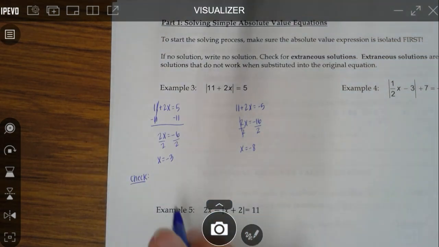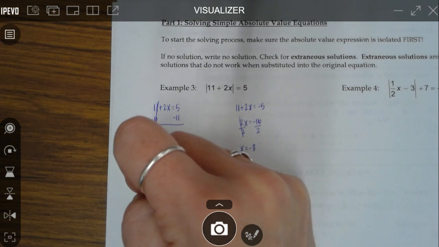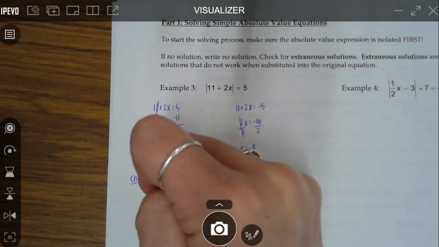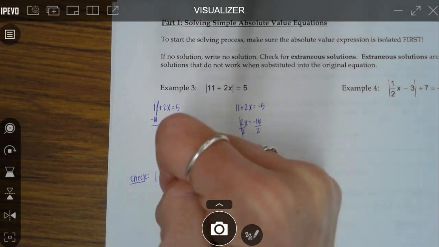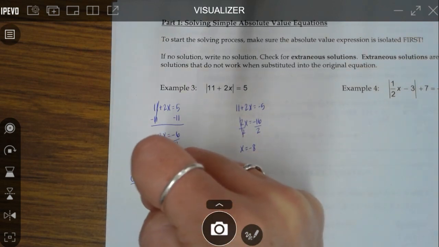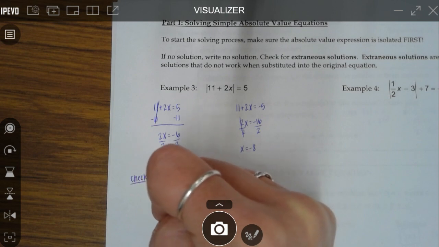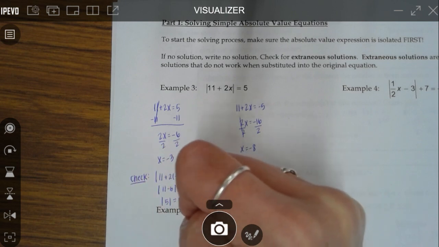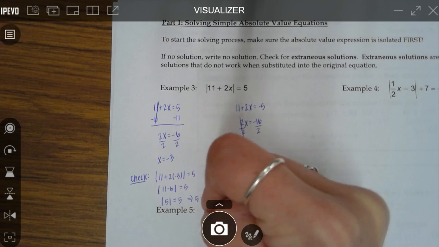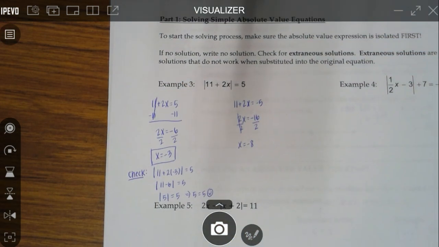So my check is going to be to take this x value and go back up to my original equation and plug that in. 11 plus 2 times -3 is equal to 5. That gives me 11 minus 6 on the inside there, which should give me the absolute value of 5 equals 5, which tells me that 5 is equal to 5, so -3 is a solution here.